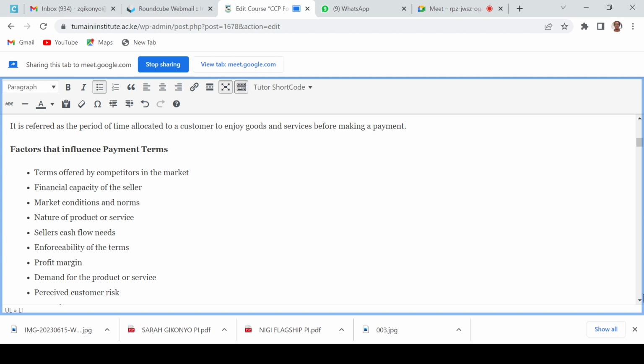But if your product is slow moving, inachukua muda, yani haisongi kwa soko, it is not a fast moving product, you will realize that you tend to give more credit days. But when the product moves very fast, it is on high demand, you will tend to give shorter credit terms to take advantage of the demand in the market.